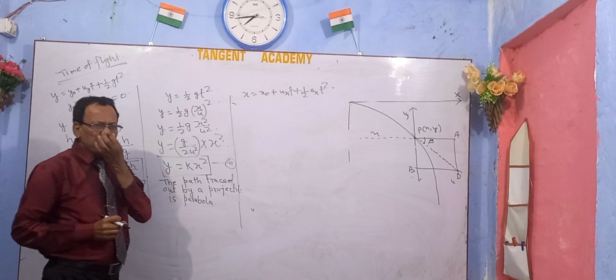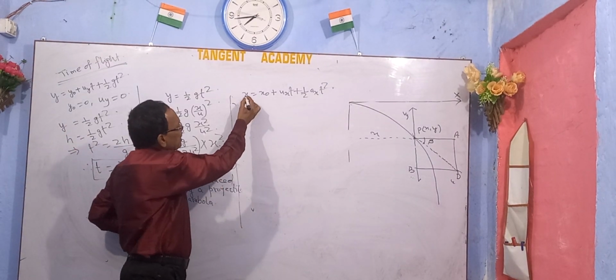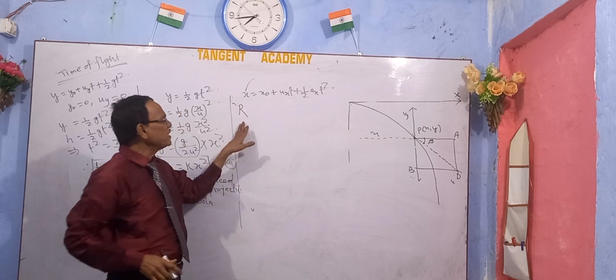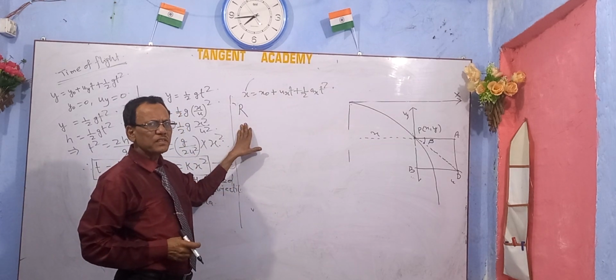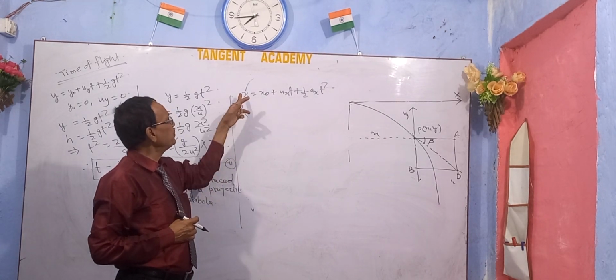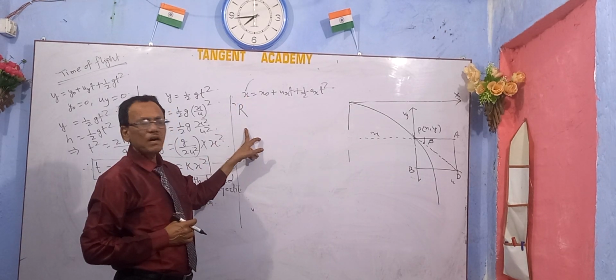So we will represent this x by r as a resultant range, horizontal range, how much distance is covered. So especially we denote x by r.